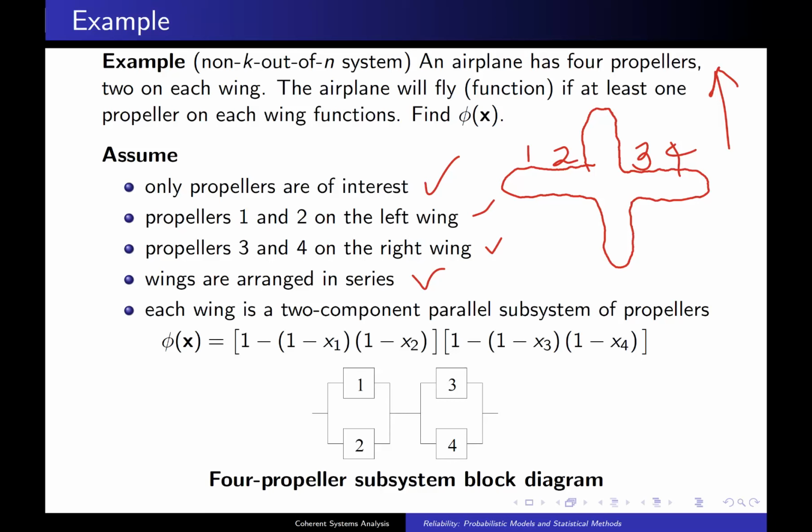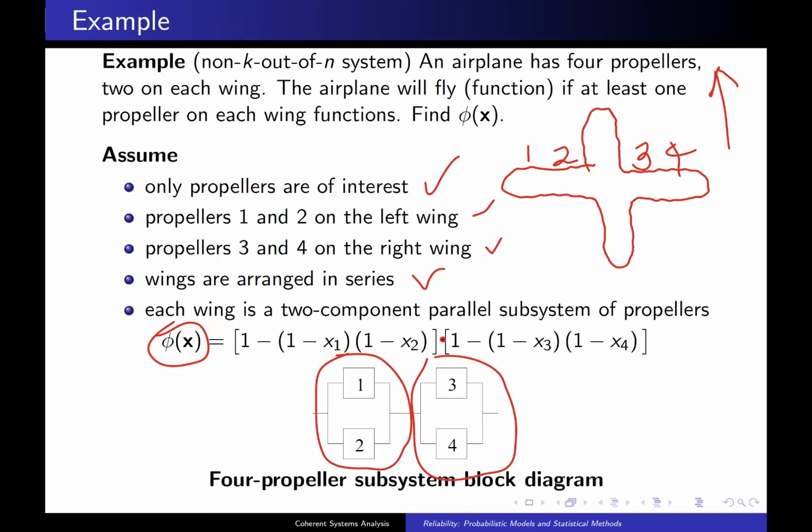So if each wing is a 2-component parallel subsystem of propellers, then you have a parallel subsystem for propellers 1 and 2. You have another parallel subsystem for propellers 3 and 4. Those are arranged in series. And the structure function phi here will be one subsystem multiplied by the other subsystem.